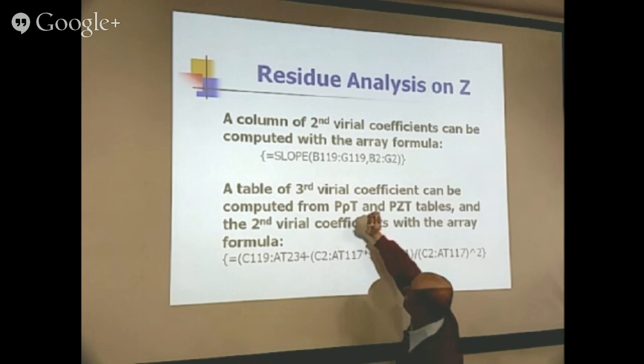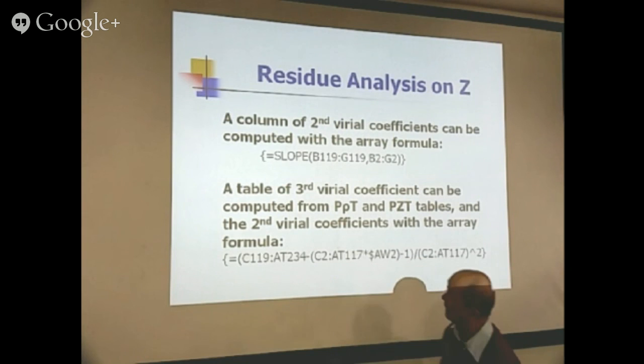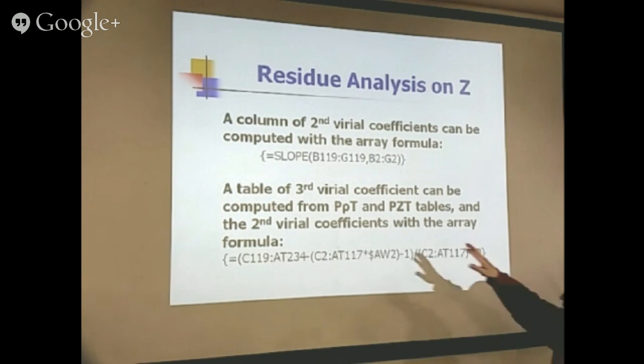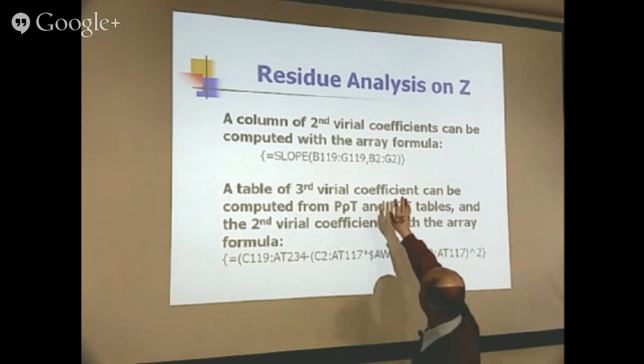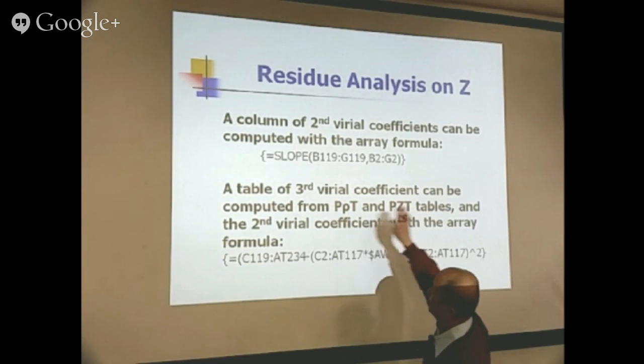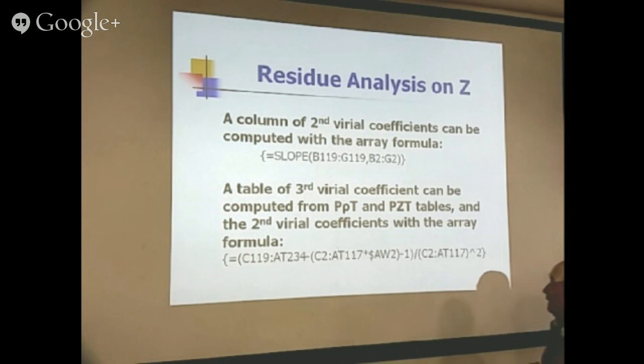So it will calculate the slope automatically. From the Z table and also the density table, I select this row from the Z table, this row from the density table, and then ask Excel to calculate the slope. And if I drag this cell across a column, I get all the second Virial coefficients at all the different temperatures.